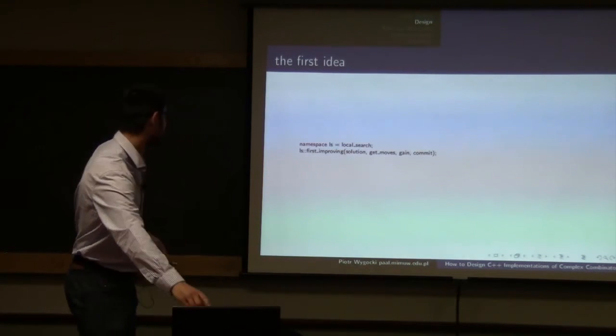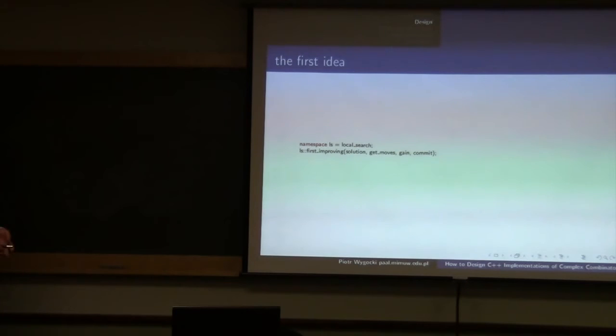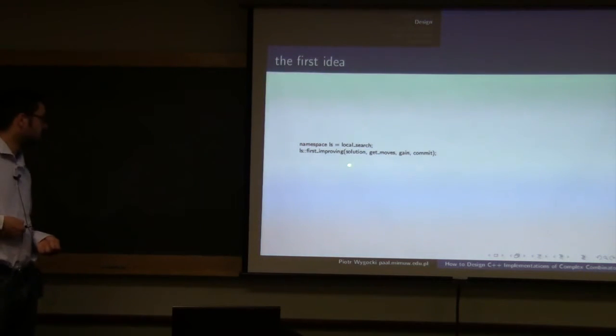So this is the first idea. So this is the first improving algorithm. It takes a reference to the current solution, and it takes these three functors with the signatures that were introduced in the previous slide. And this is all in this local search namespace. I am going to use this ls all the time.